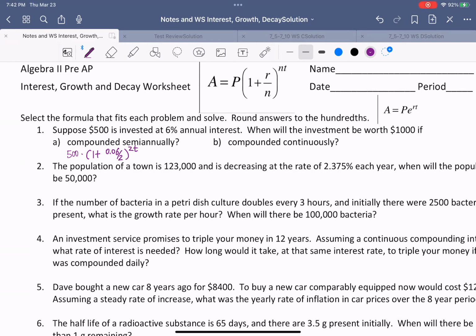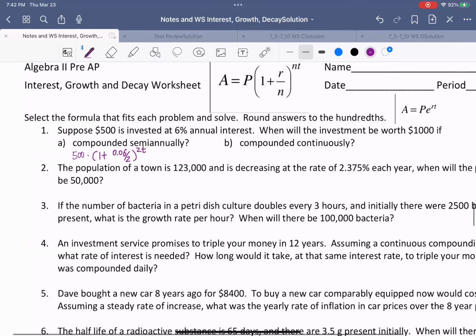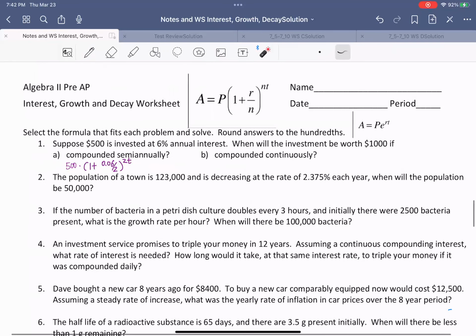Okay. And then divide both sides by 500. And the left side is 1,000, right?